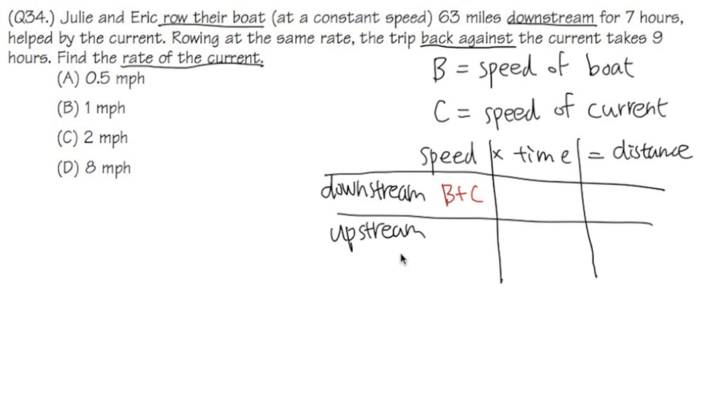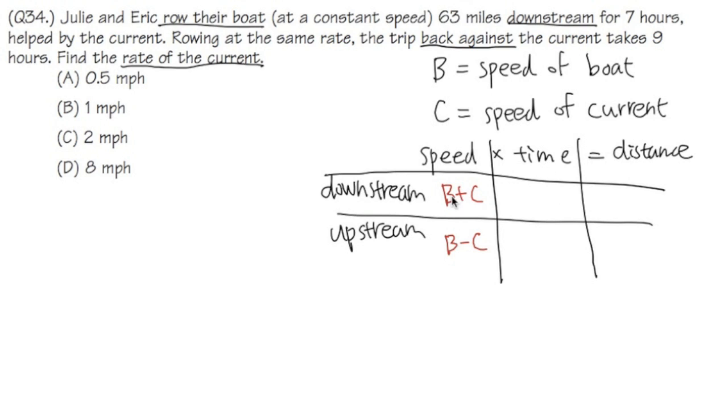And likewise, when they go up against the current, the water is going to go against them. So they are actually going to go slower. Originally, the speed is B. I have to subtract C, B minus C, because the current is making them go slower. So we subtract.